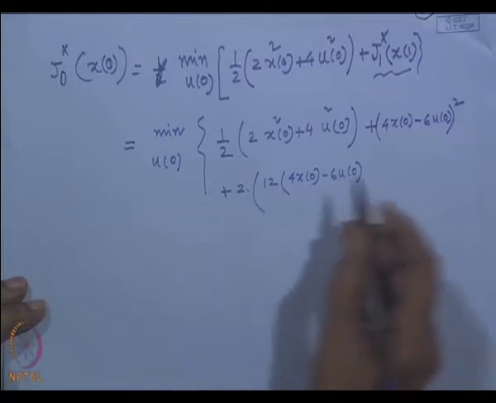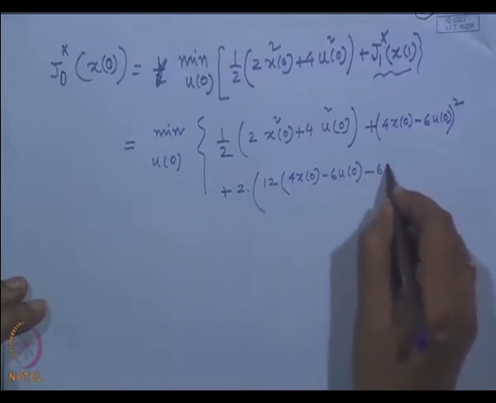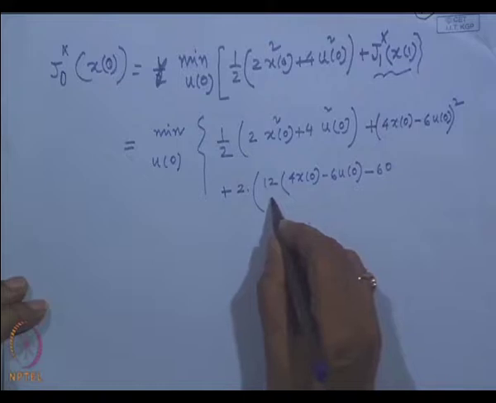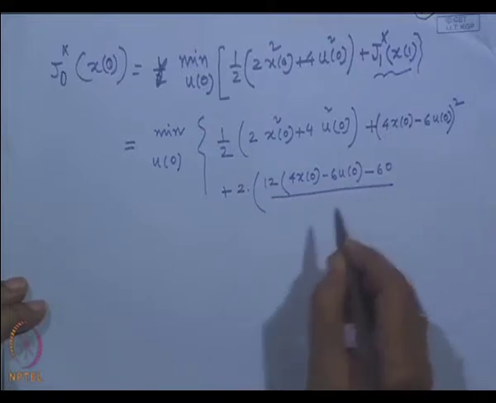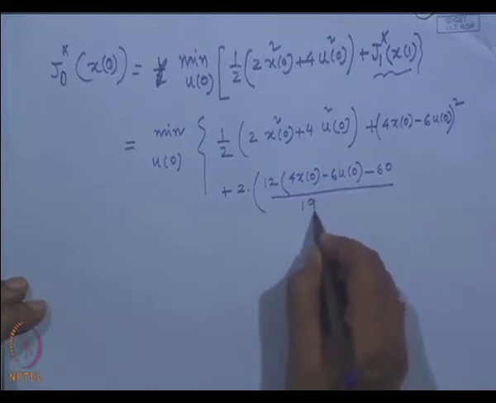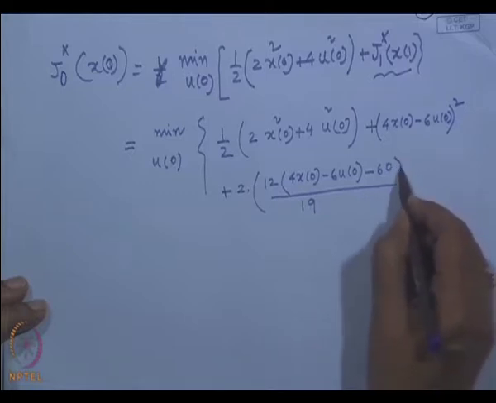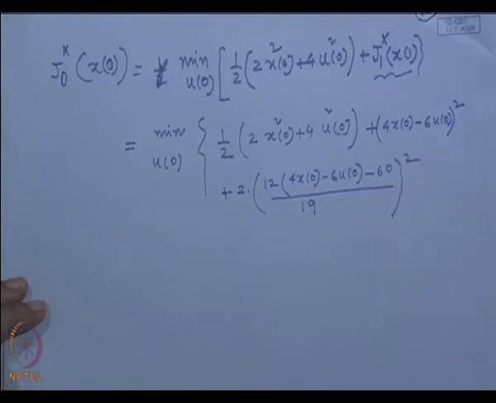This is 4 x 1 minus 60 divided by 19, that whole square.